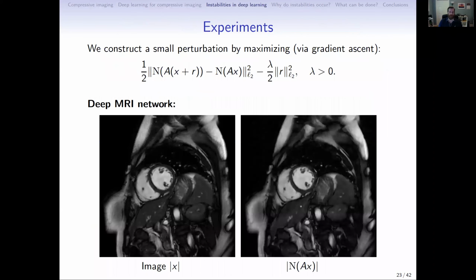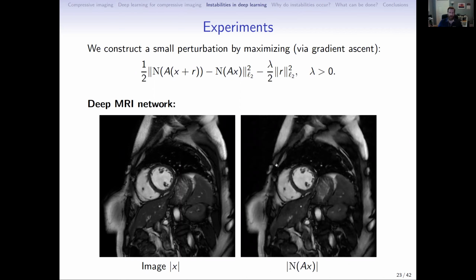So let me show a few results from this paper. Here's one of the networks. This is for an MRI problem. Here's the original image, and here's the reconstruction that this network gives from the measurements of this image. These are of the form Ax. You can see that this image is recovered very well. There are no noticeable artifacts in the recovery here.